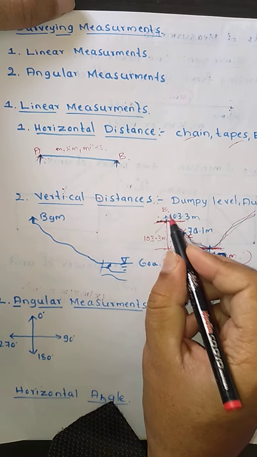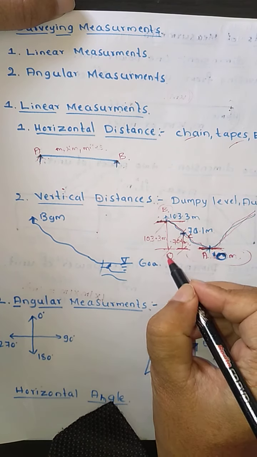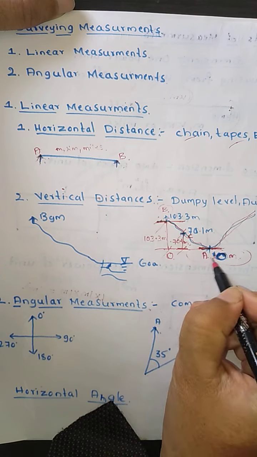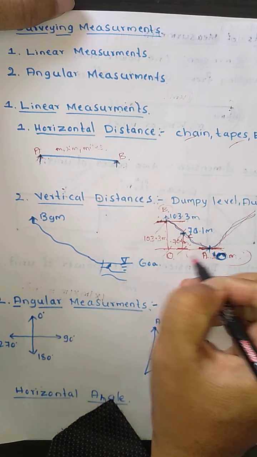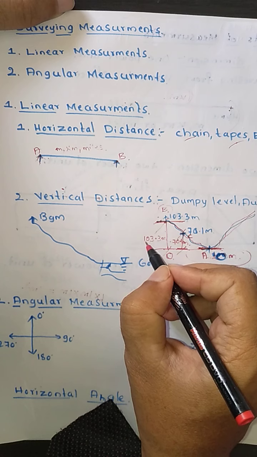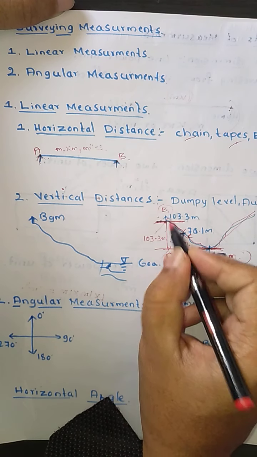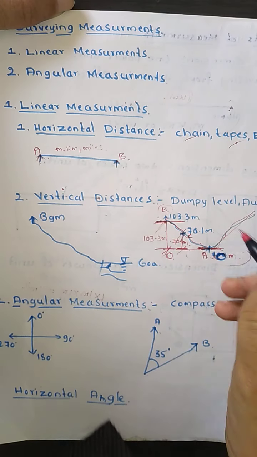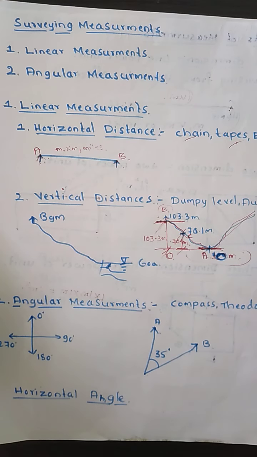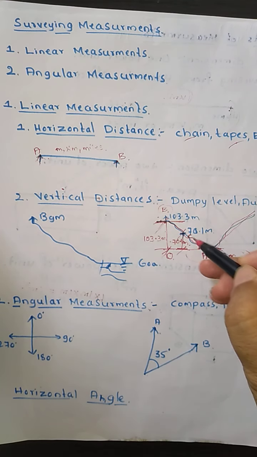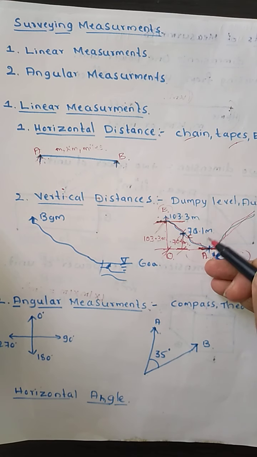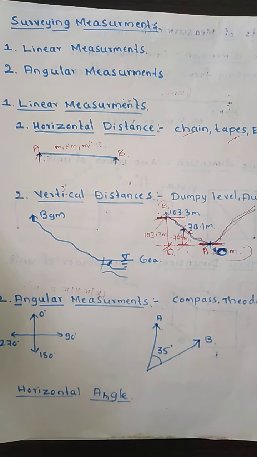Here we take A as the reference, so B has an elevation of around 103.3 meters from A, and C is present at 70.1 meters from point A.